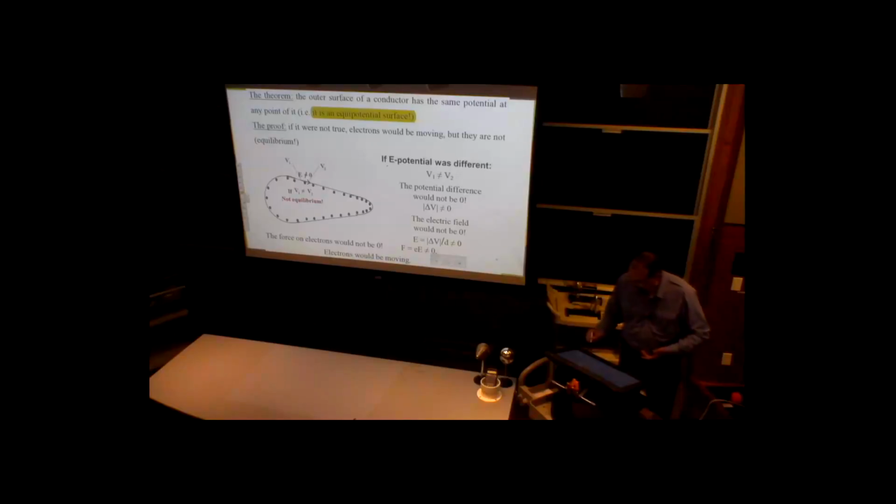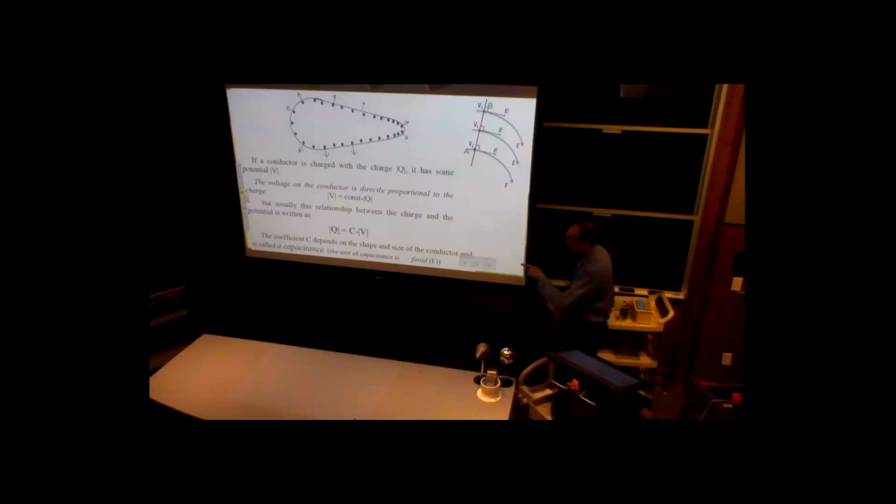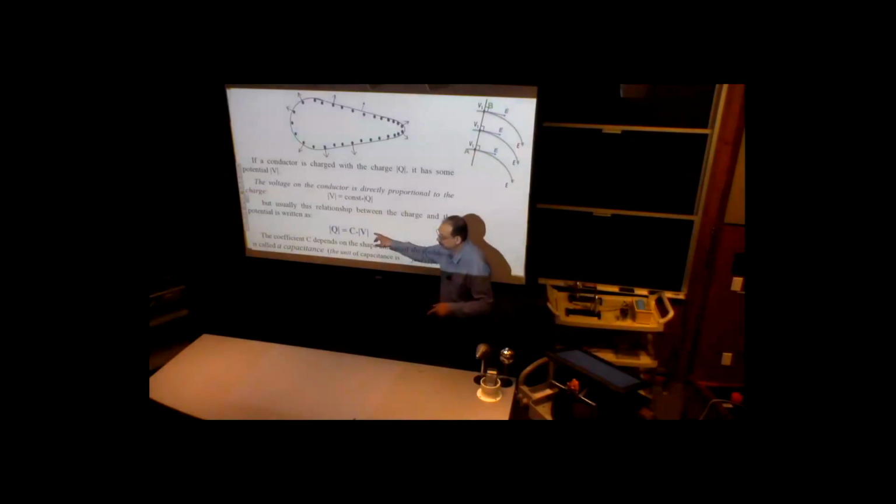That means the electric potential of a conductor is the same everywhere. And of course, the value of that potential should depend on the charge we put on it. No charge, no potential. More charge, more potential.